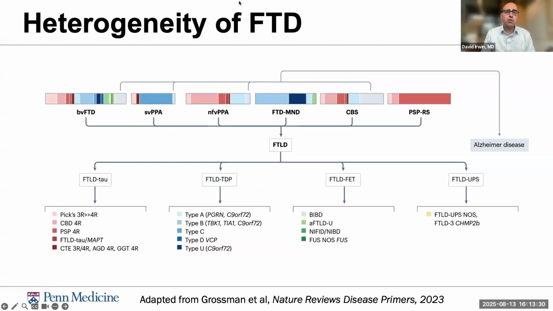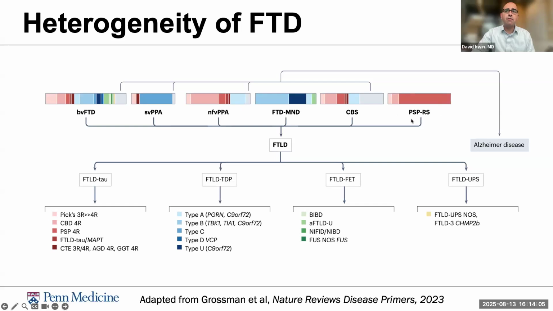This is a schematic that shows an overview of FTD syndromes, and what you see here is the complexity of the biology of FTD. FTD is really a family of neurodegenerative disorders that are characterized by different proteins. We won't get into the specifics, but you can see that most of the boxes here for different diagnoses have different shading of colors, red being forms of tau proteins that accumulate in brain cells, or a very different protein called TDP-43.